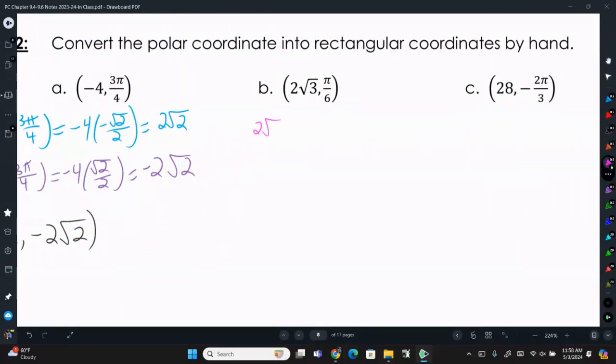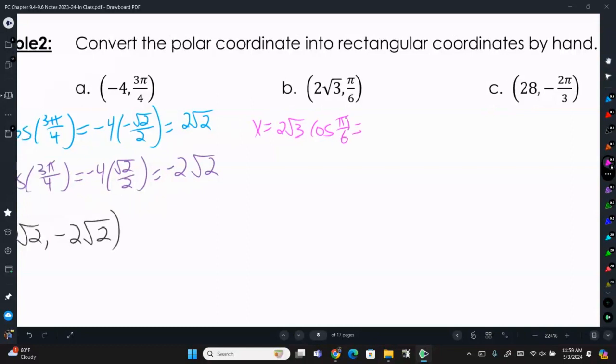So then letter B, we would have 2 times the square root of 3. So x would equal 2 times the square root of 3 times the cosine of pi over 6, which would be 2 times the square root of 3 times the square root of 3 over 2, which will just equal 3.